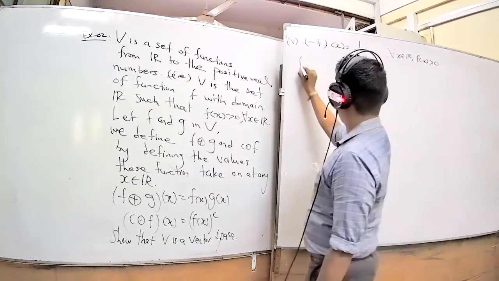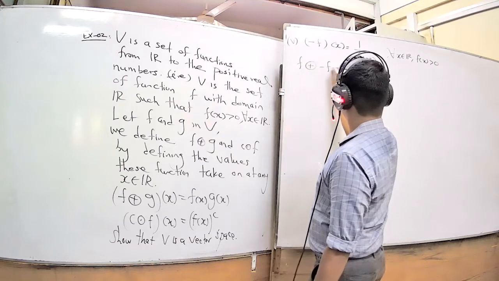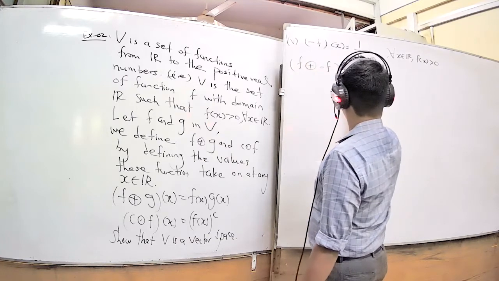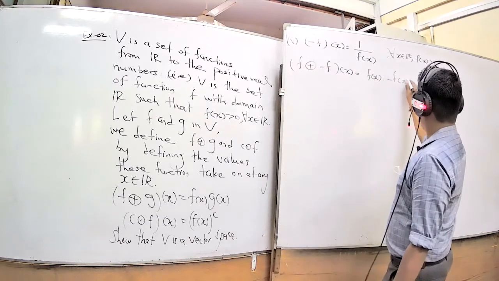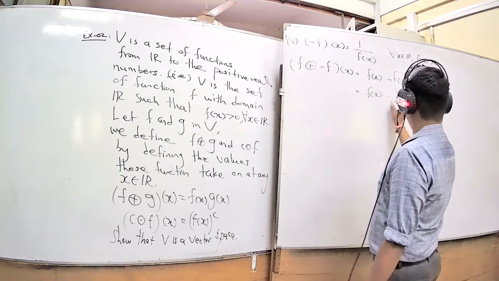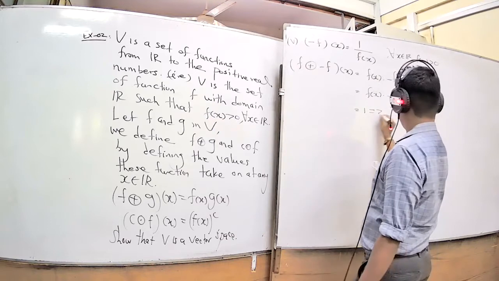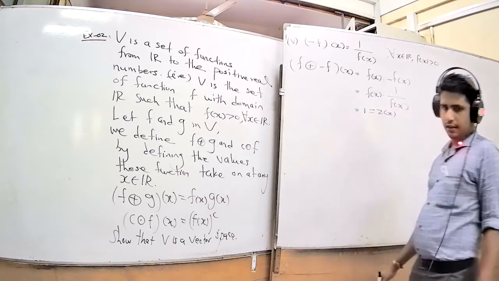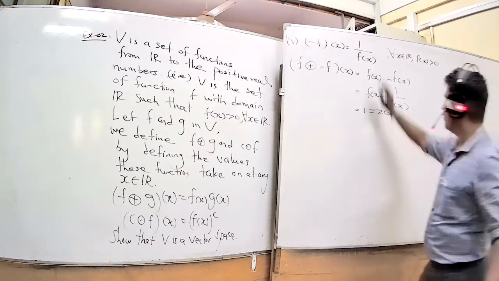Suppose we do the vector addition to this one, then you get f of x times 1 over f of x, then you get 1. It is your set of x. Therefore, your additive identity is this one.